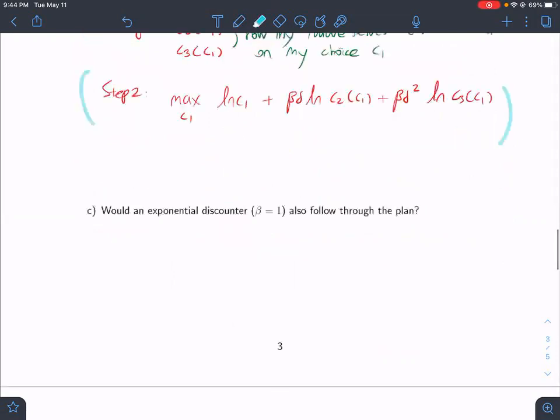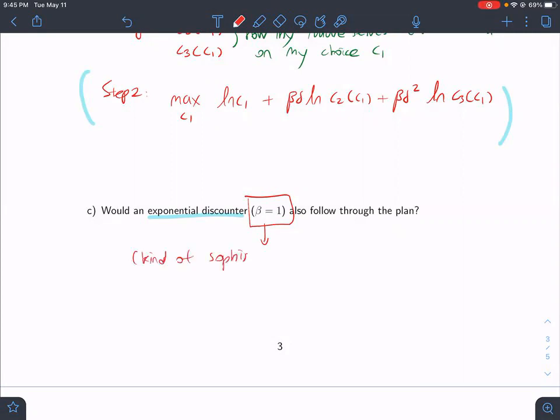So how about the exponential discounter? This guy, beta is 1. So today his beta equals 1. Tomorrow his beta is also 1. So for this guy, yes, he's kind of sophisticated.